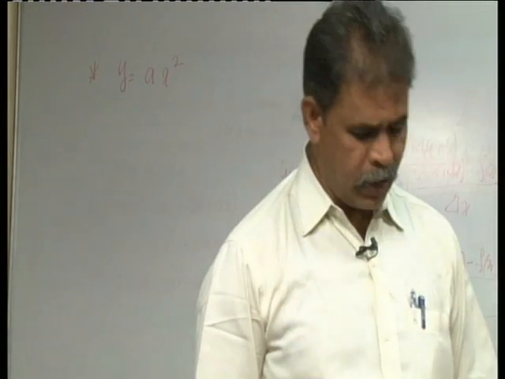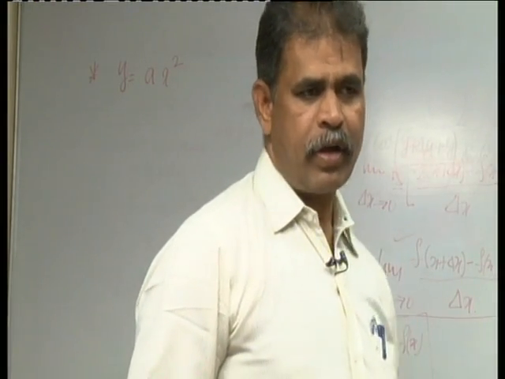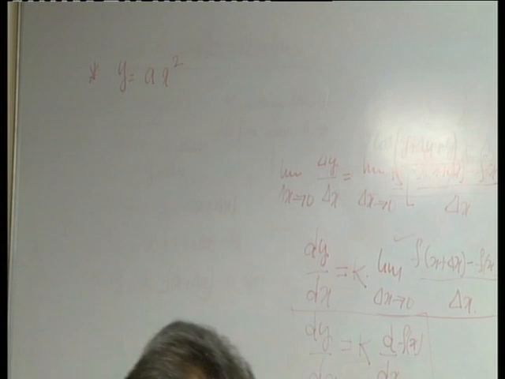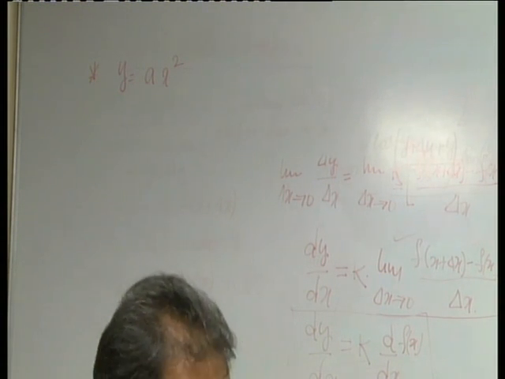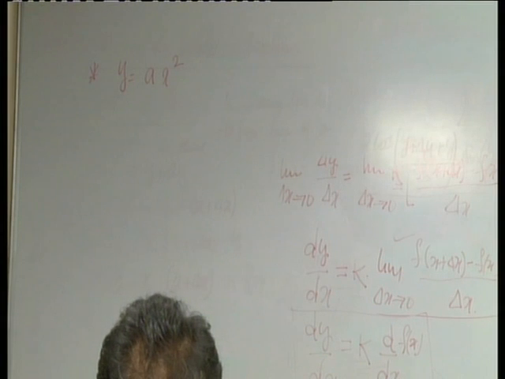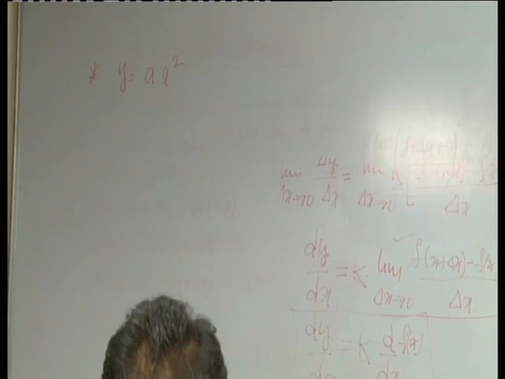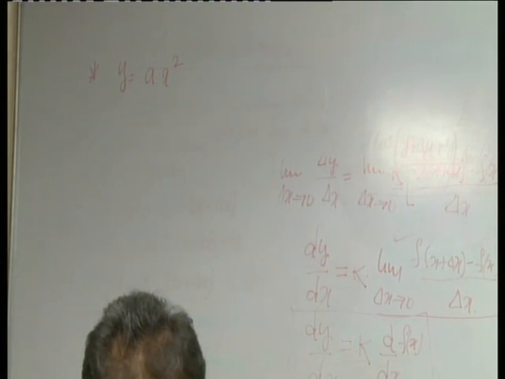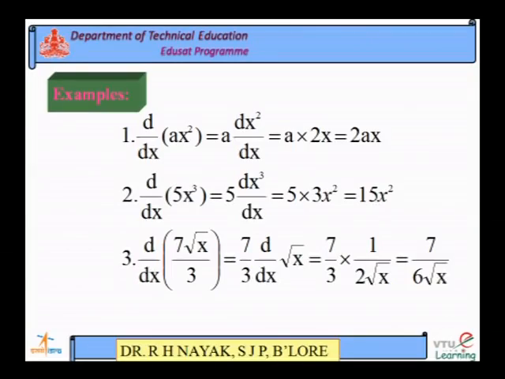A is a numerical constant. X square is taken as a function, it is a function of x only. So, these two are in product, one is constant, the other one is x square. You take the first term a into x square. What is a? A is a numerical constant. That numerical constant into x square. X square is function of x only.